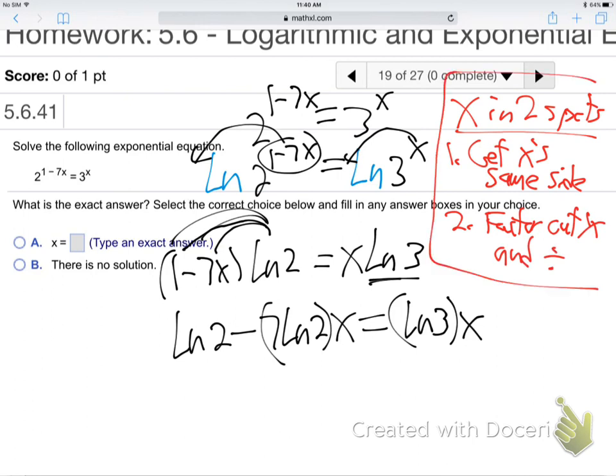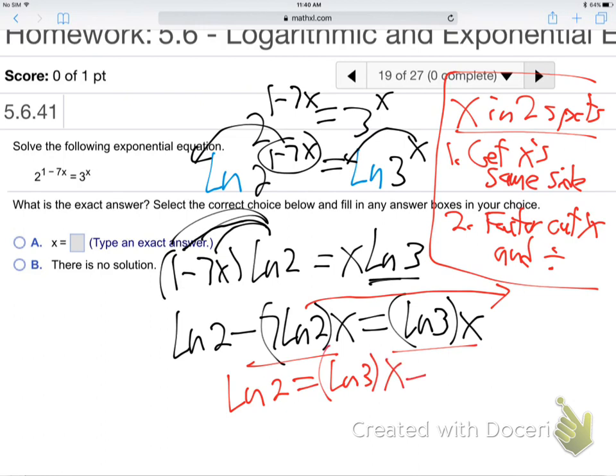You want to know that. So this term and this term, I want to get them on the same side. So I'll just jump this to the other side. So then we'll have ln2 is ln3 x plus 7 ln2 x. Good so far?